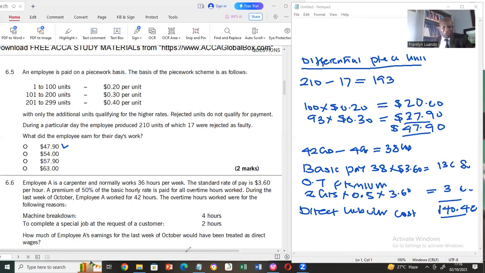Therefore, for the machine breakdown, the whole amount at the premium will be paid as indirect labor cost. So now we can move to another question.